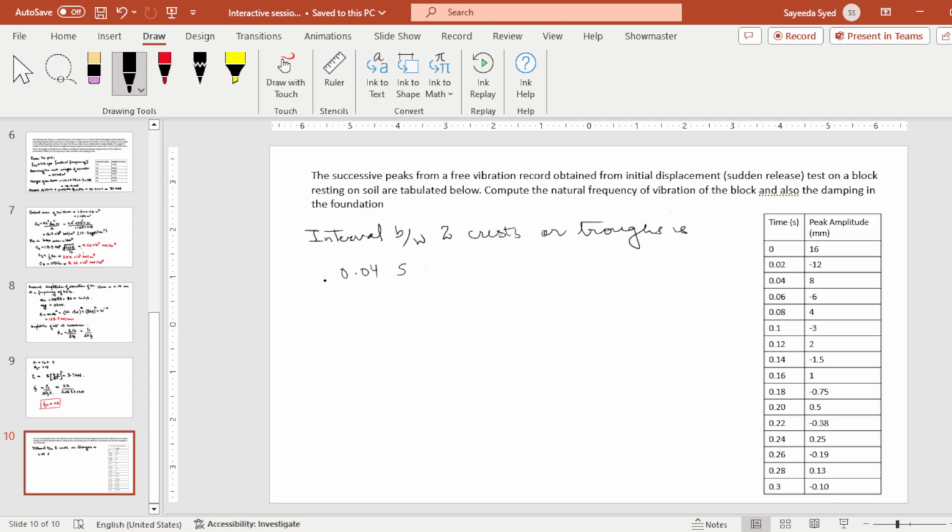So this is the time period of vibration of the block. Natural frequency is equivalent to 1 by T equals 1 by 0.04. This is equivalent to 25 hertz.